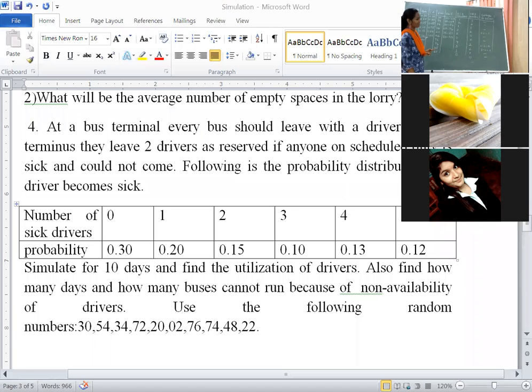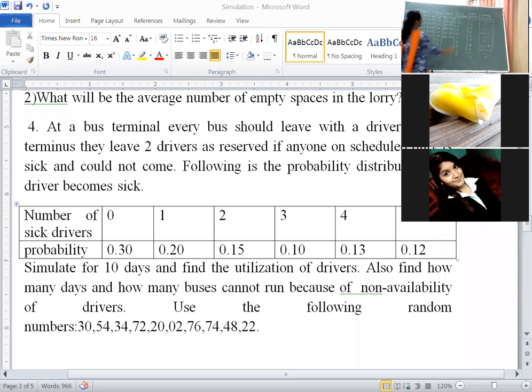Then here we have written the simulated number of sick drivers. But at the terminus, they said they kept 2 drivers as reserve. Here, for understanding purpose, we have simply taken 10 random numbers, so we will get 10 days. First day, 1 driver was sick, that means out of 2, we can consider 1 driver.